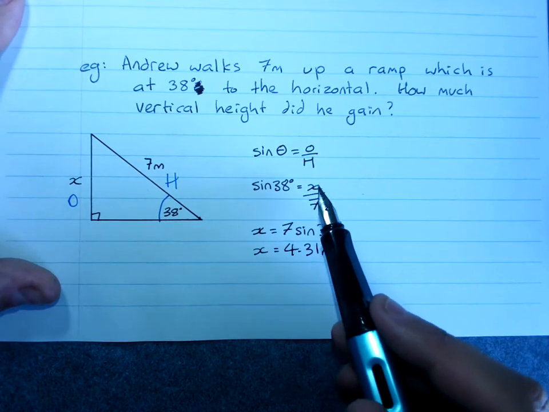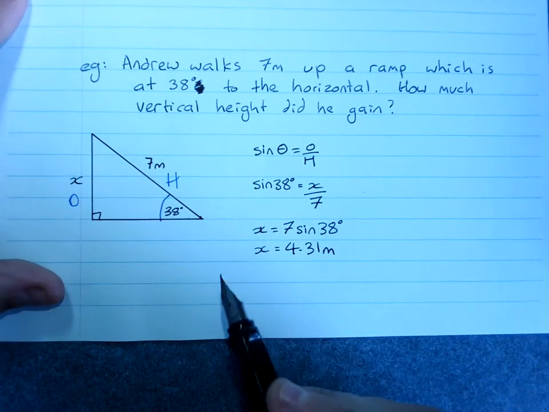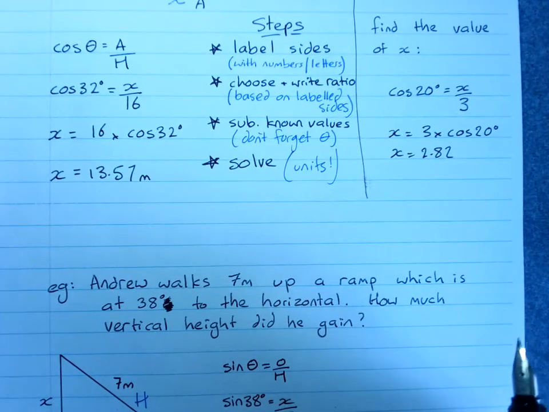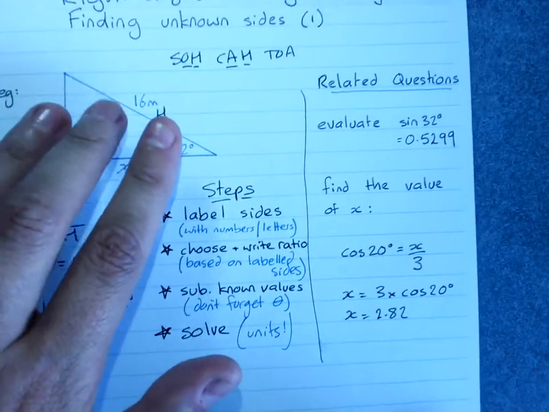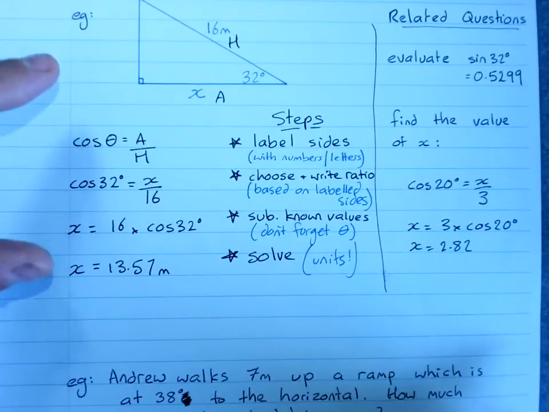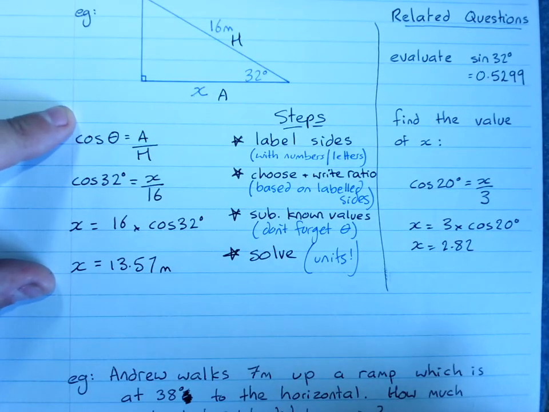You'll notice both of these had the unknown on the top. We'll look at how to solve when the unknown is on the denominator later. You must know these steps. You must know the ratios. You must show 4 lines of perfect working.